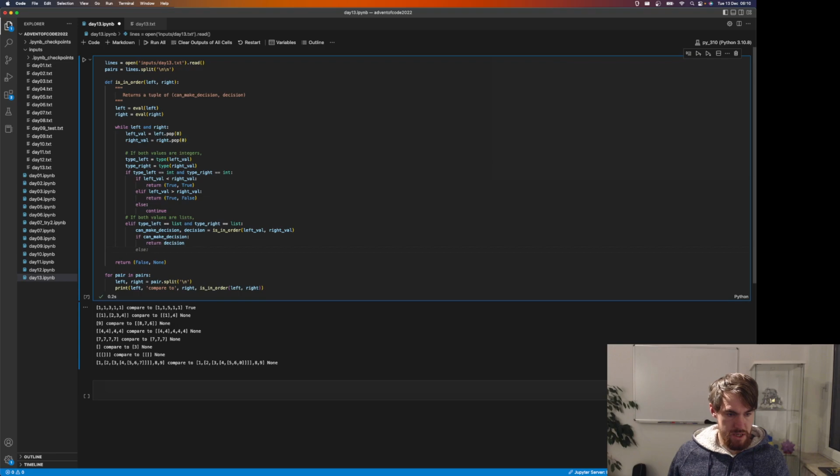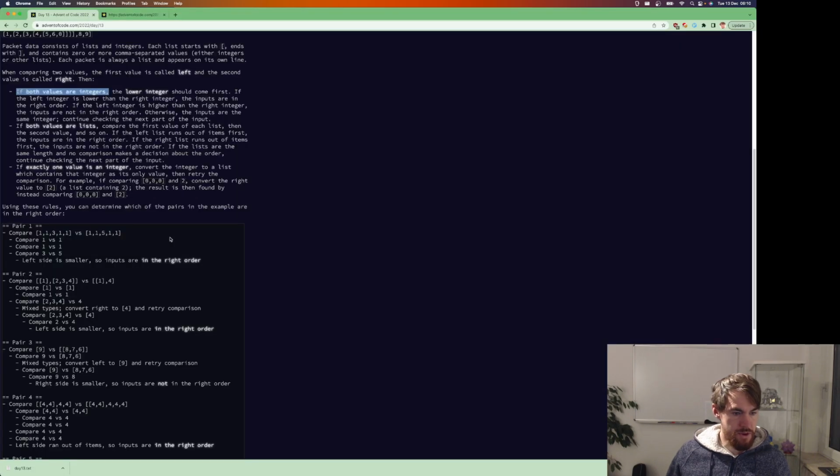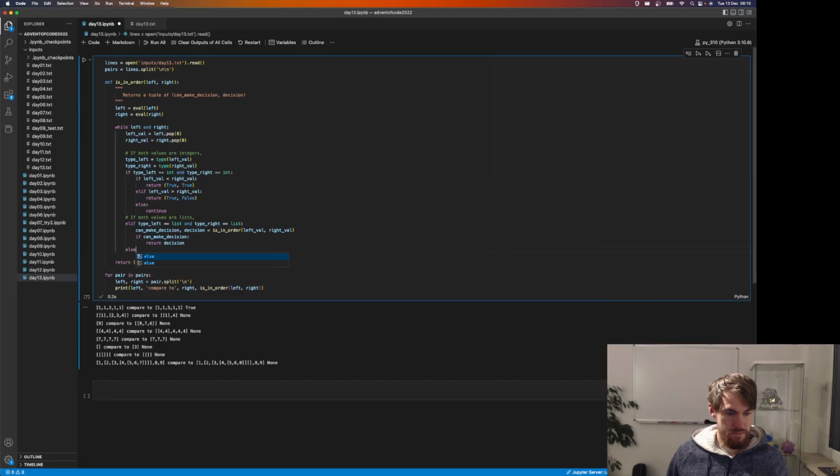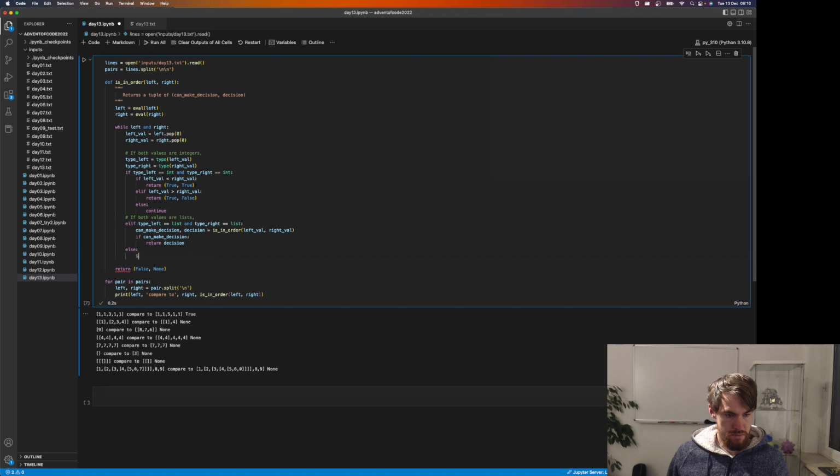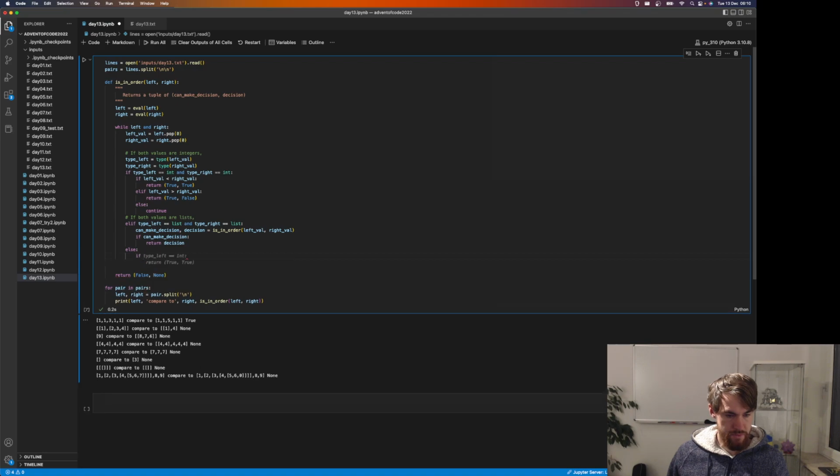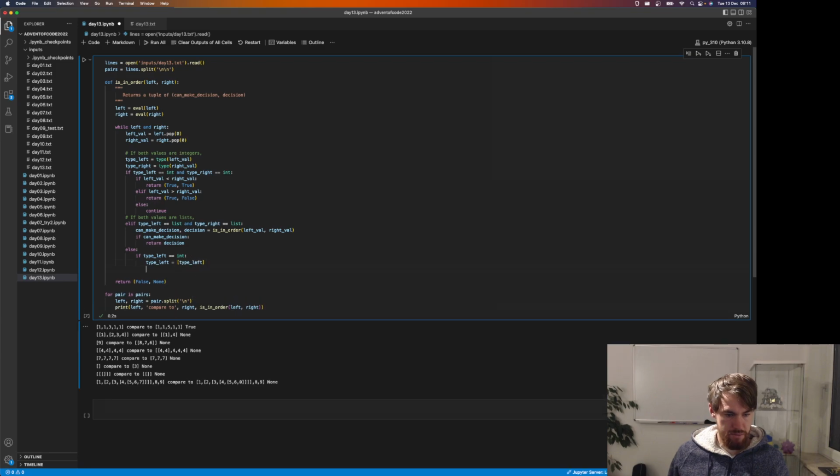And then the question is, if not both values are lists, in this case 2, 3, 4 versus 4, let's write it like this: type left, perfect.